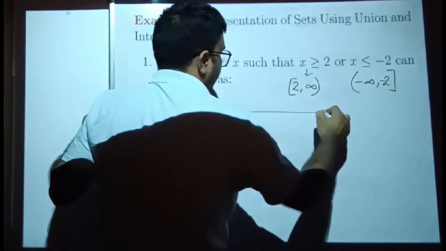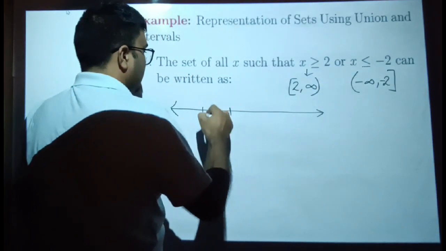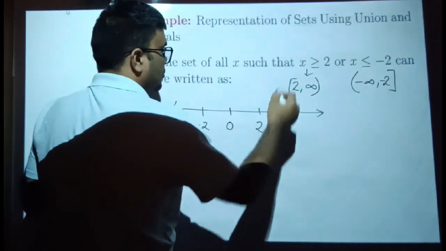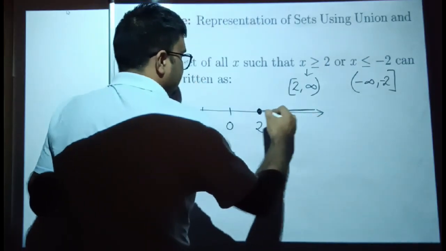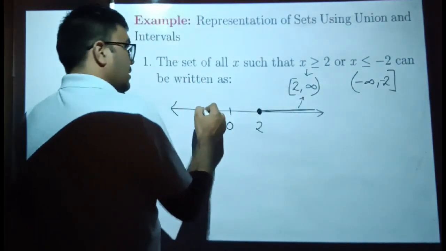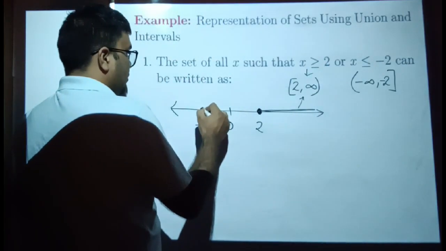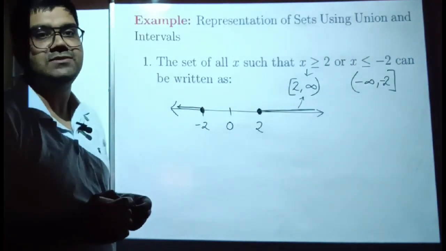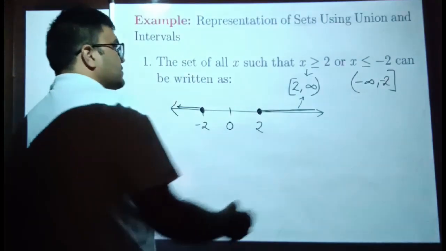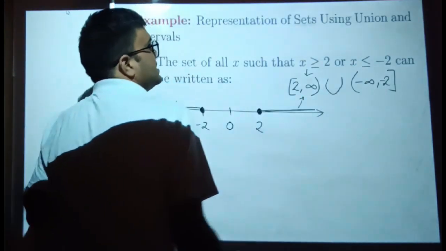Let's plot this. 0, minus 2, 2. 2 is included, dark dot over here, and all these points. Then minus 2 is included and all these points. So what is the union of these two? We will just put the union sign over here.